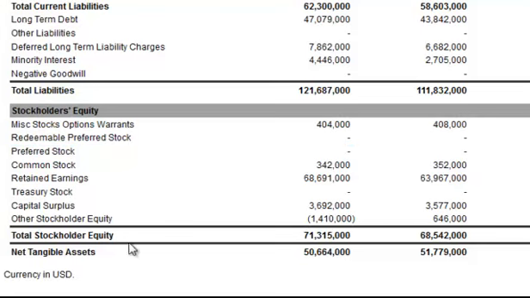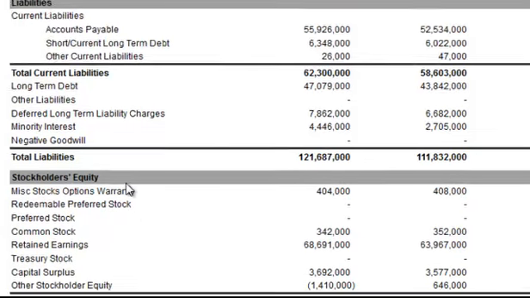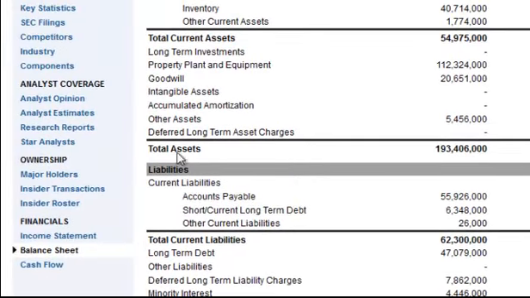Now, as I've already stated, total stockholder equity is often referred to as book value. Let me give you a little bit more logic behind that. Let's assume that you do the math right and you subtract the preferred and any other equity that is not applicable to common shareholders, and we simply take that number and divide it by the shares outstanding. Let's go over to the key statistics section on Yahoo Finance right quick.